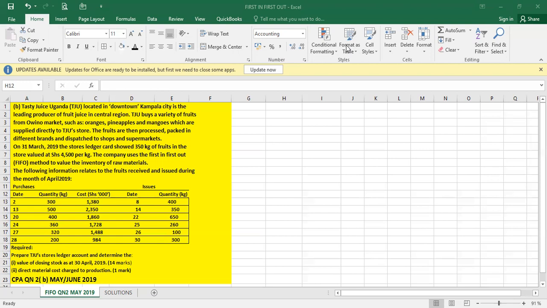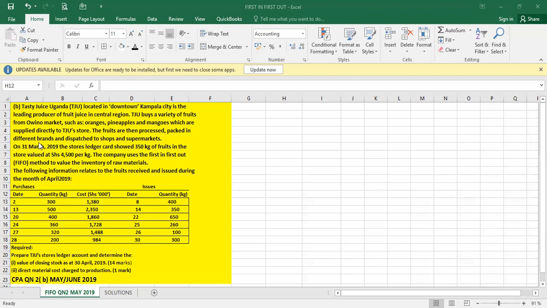On 31st March 2019, the store ledger card showed 350 kilograms of fruits in the store, valued at shillings 4,500 per kilogram. This date they are giving us is the date of the previous period. Remember, we are looking for the closing stock of 30th April 2019, but what they are giving us was in March.